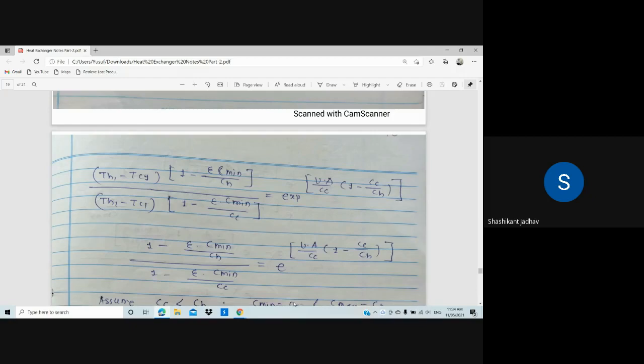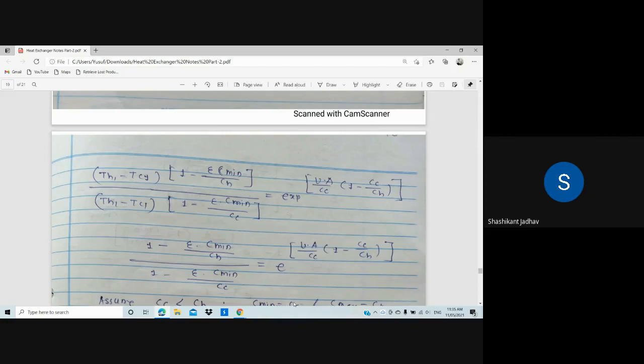Okay. So we have to take the common Th1 minus Tc1. Okay. Then Th1 minus Tc1 will be cancelled.